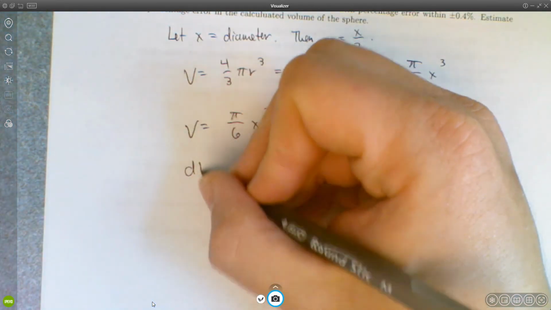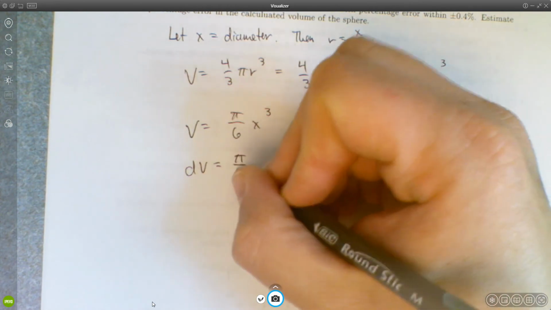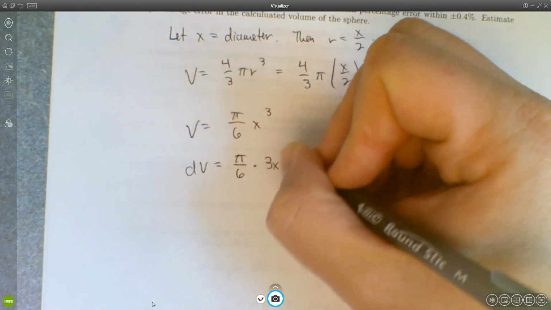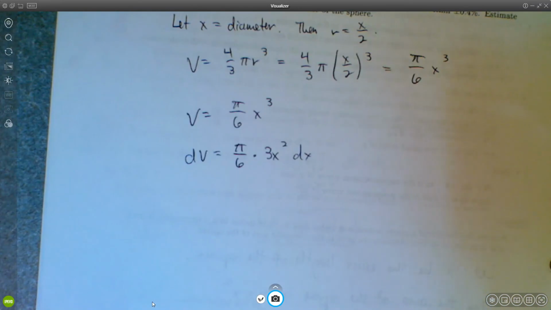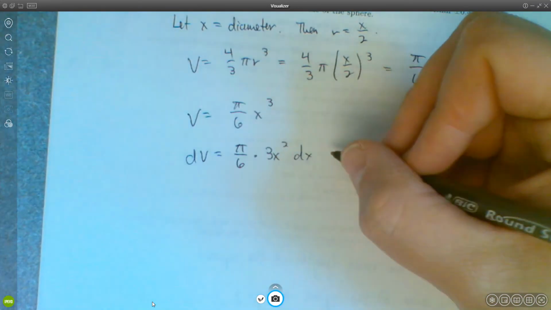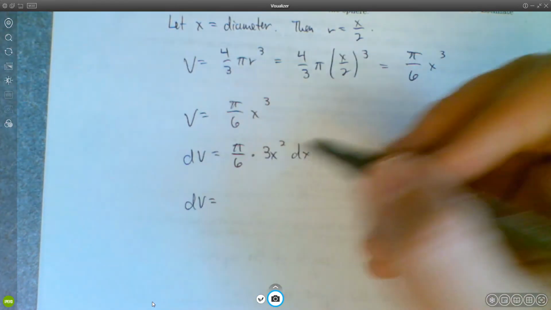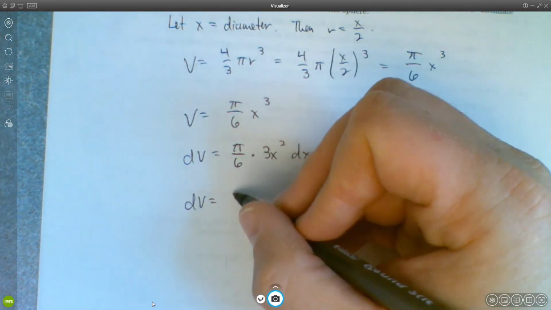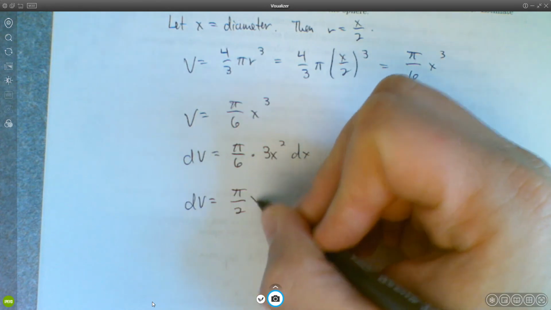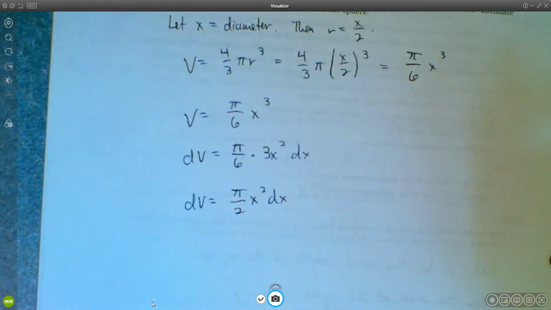So dV is going to be pi over 6 times 3x squared dx. Or in other words, the 3 will cancel, leave a 2, so this is going to be pi over 2 x squared dx.